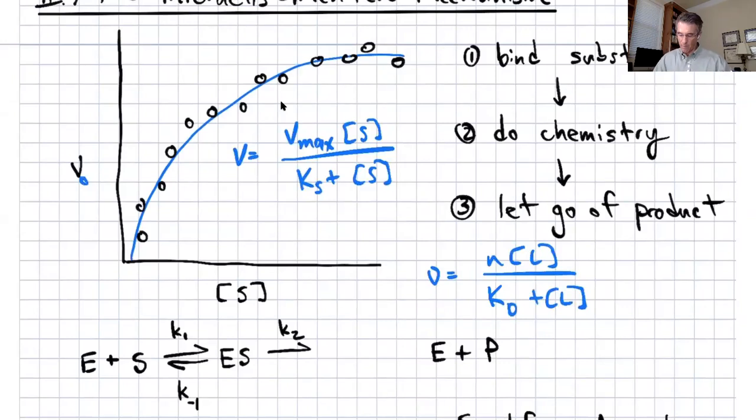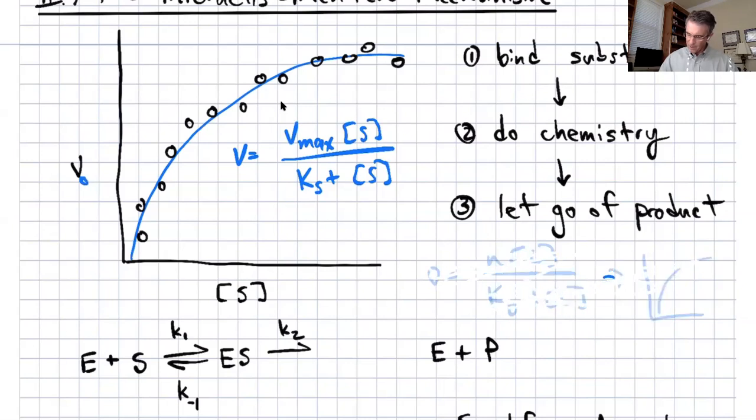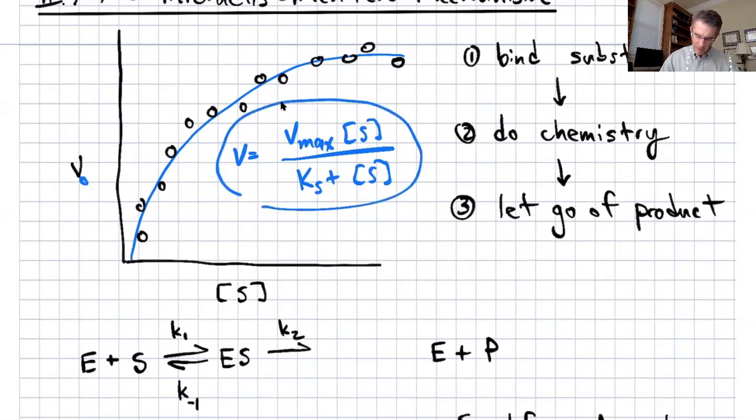And remember, this was a hyperbola. So the reason enzyme kinetics under these conditions have that saturation behavior is because you're saturating a binding site on an enzyme. That's why these curves look like this, because the mathematics of the description we came up with require it.